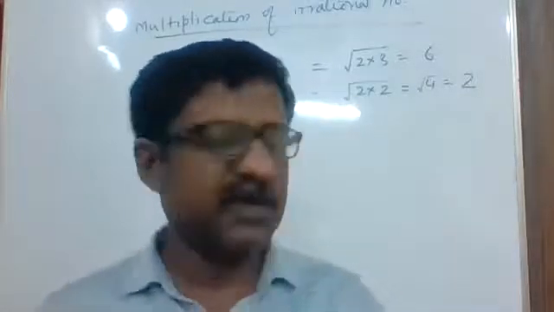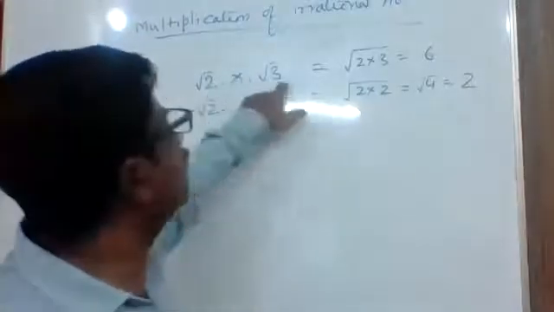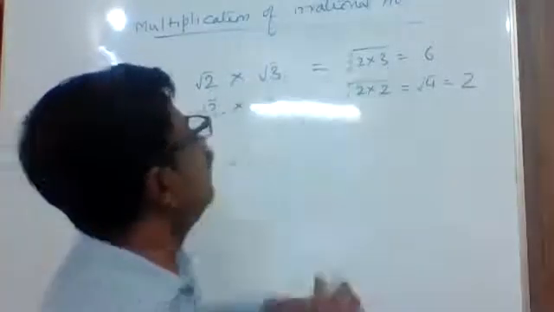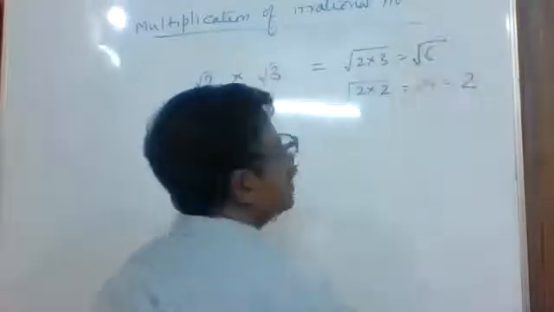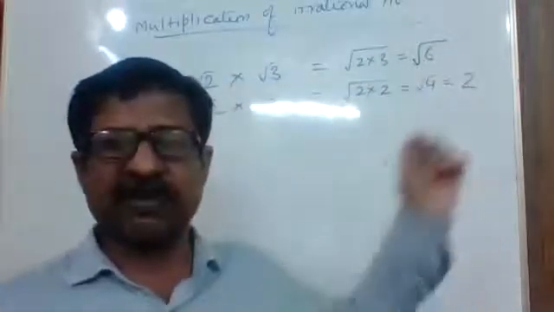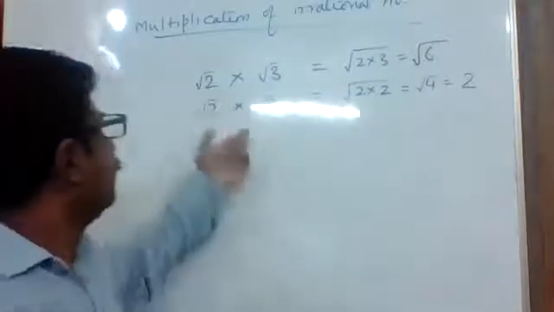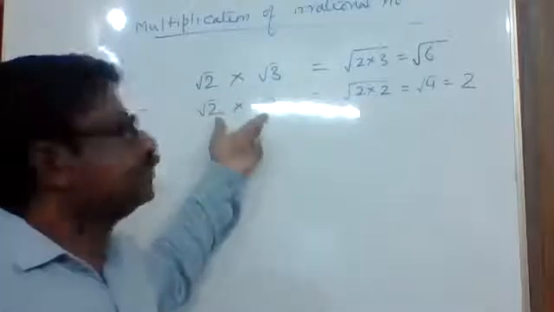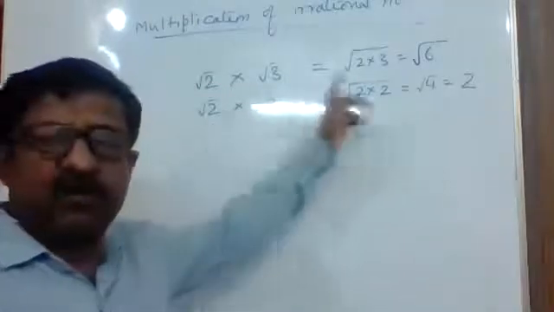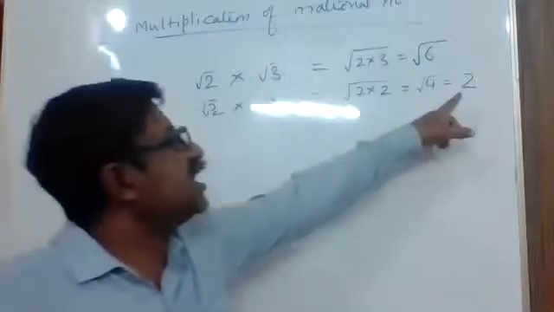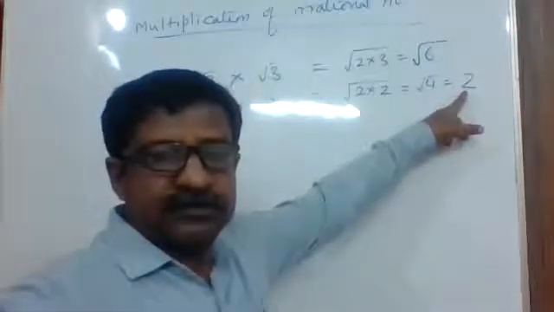If the numbers are different, like 2 and 3 earlier, we multiply them together and put the product inside the radical sign: 2 threes are 6 and we get root 6. Here we got root 2 into root 2. The multiplication is root 4 and the square root of 4 is 2. This time the root sign will not come.